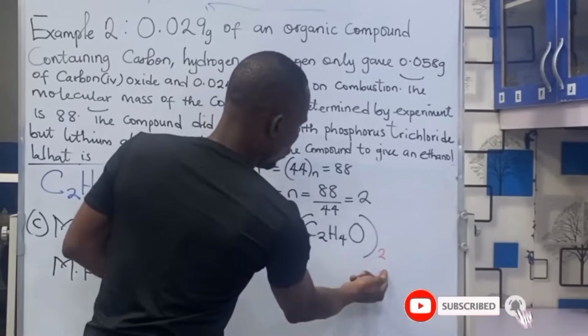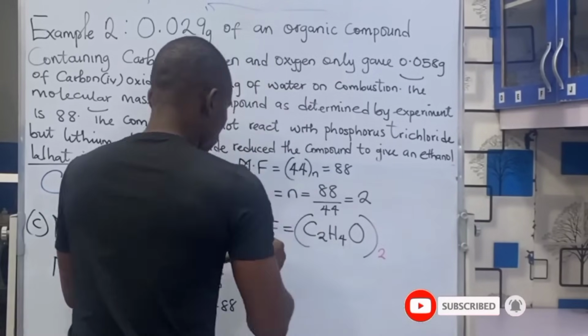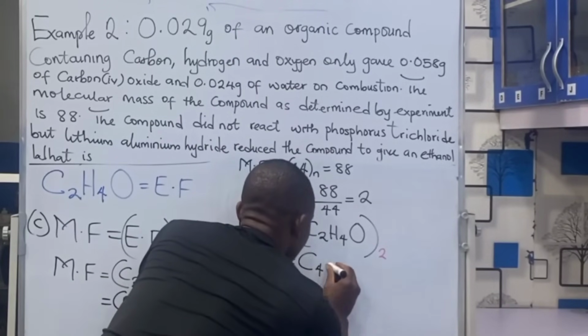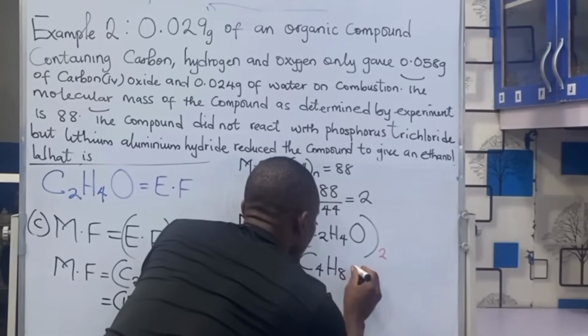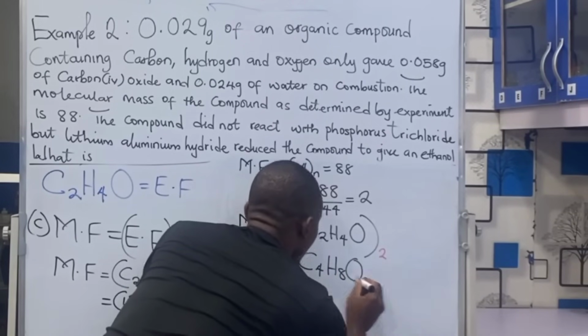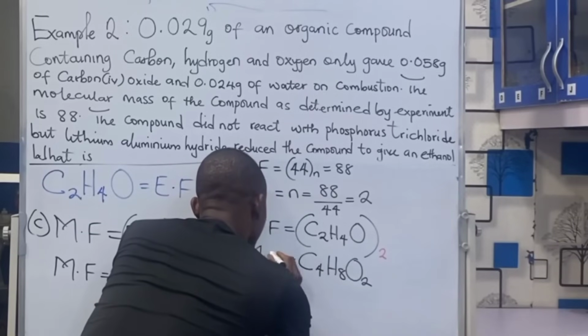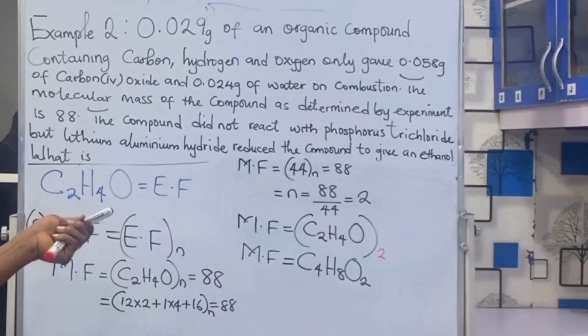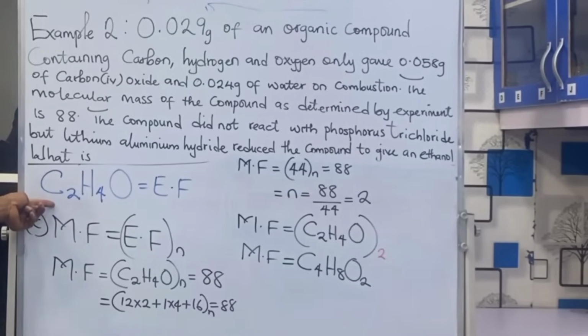So it's going to be 2 into this. Of course, we're going to be having C4H8O2 as our N.F. So the molecular formula is equal to C4H8O2, while the empirical formula is C2H4O.